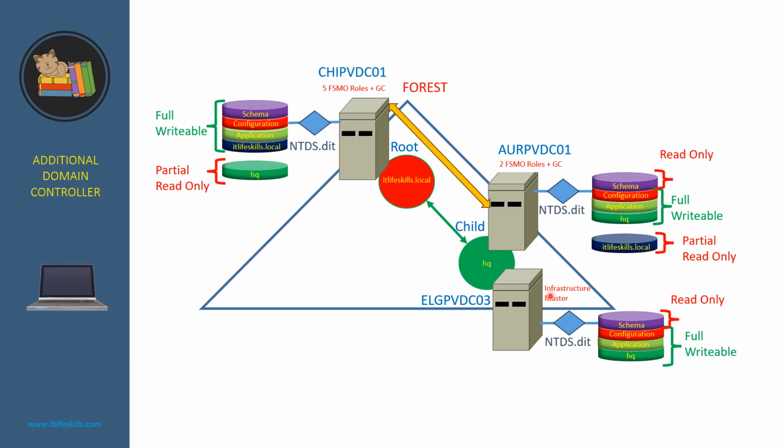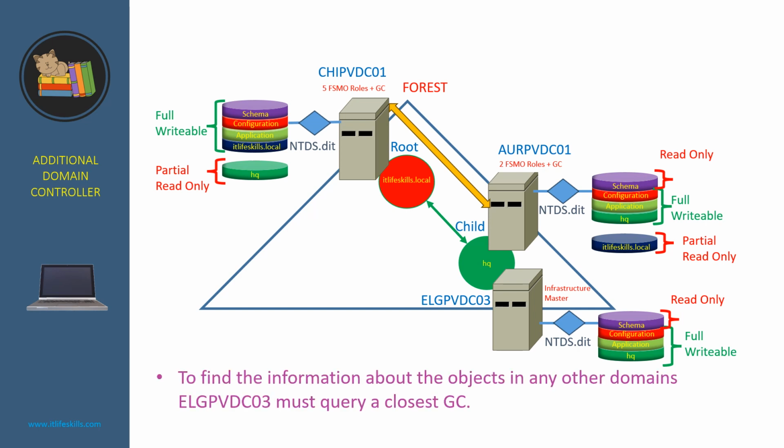Also, LHPVDC03 is not aware of any objects in the domain itlifeskills.local or any other domains in this AD forest. To find the information about the objects in any other domains, LHPVDC03 must query a closest global catalog server, which is possibly OPVDC01 in this case.